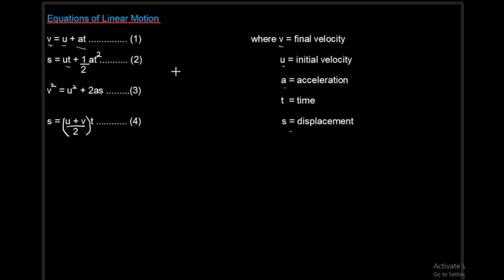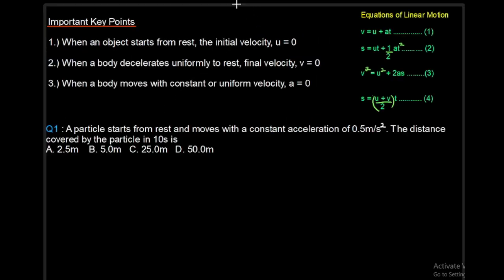So now, how do we make use of these four equations to solve problems on linear motion? To solve problems on linear motion, there are three main points you must take into consideration anytime you're faced with a question. What are these three important points? Number one, when an object starts from rest, the initial velocity is always equal to 0.